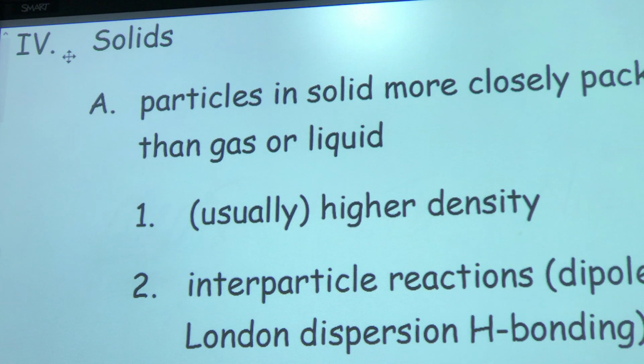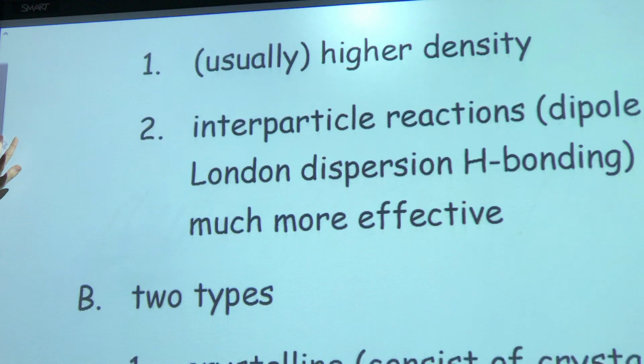With solids, the particles in solids are much more densely packed than in a gas, and quite a bit more densely packed than a liquid. So solids in general are denser than liquids. So usually a higher density, since those particles are packed closer together.